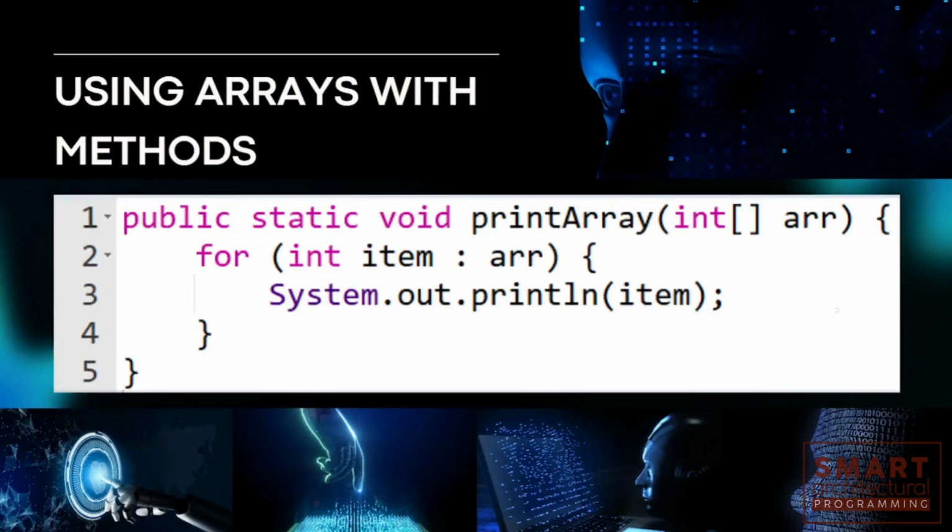Let's move on to another thing, which is using arrays with methods. We can pass arrays to methods and iterate over them through those methods as well. There's a method called printArray that we can use, and it helps us keep our code modular.